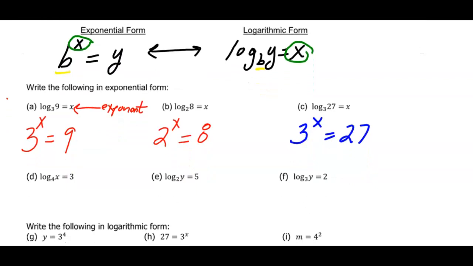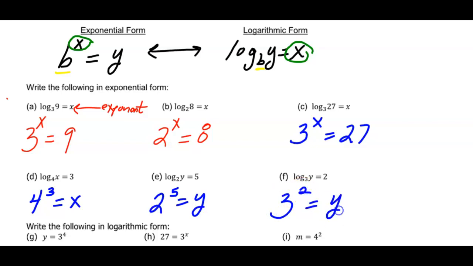For letter D, 4 to the third equals x. Letter E is 2 to the fifth equals y. And letter F is 3 to the second power equals y. And we're not solving those right now, we're just rewriting them from logarithmic form into exponential form.